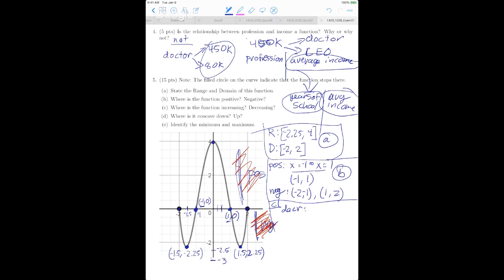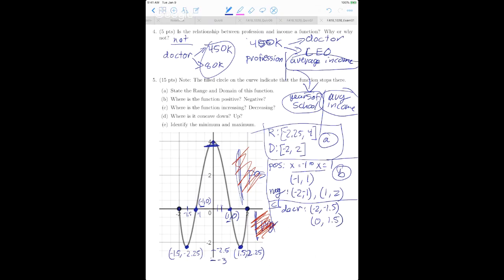It looks like from -2 to this point, which I've labeled as x equals -1.5. So decreasing from x equals -2 to x equals -1.5. And again, between x equals 0 and x equals 1.5.